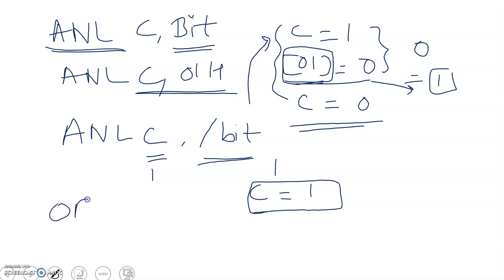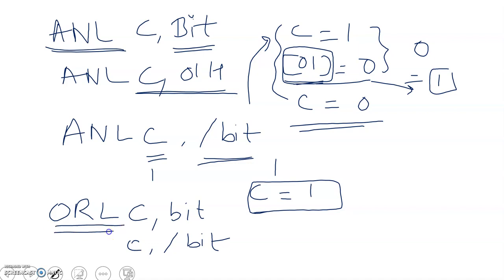Then we have the ORL C, bit instruction. Again we have ORL C, /bit also. On the same pattern, this is an ORing operation. If C was 1 and the bit I am taking is again 01H, which was 0, then ORing with C equal to 1 results in C equal to 1.